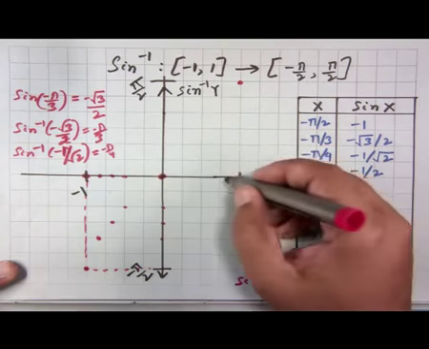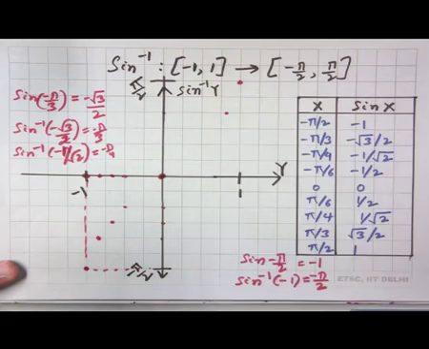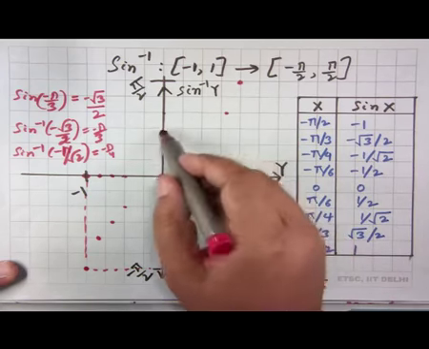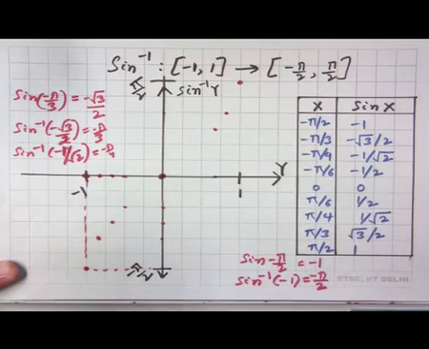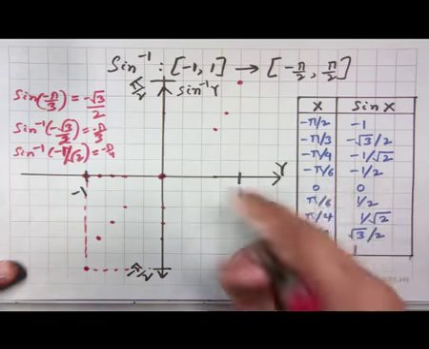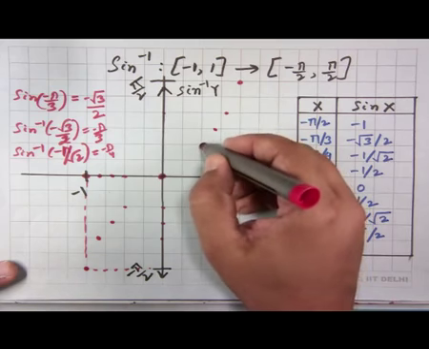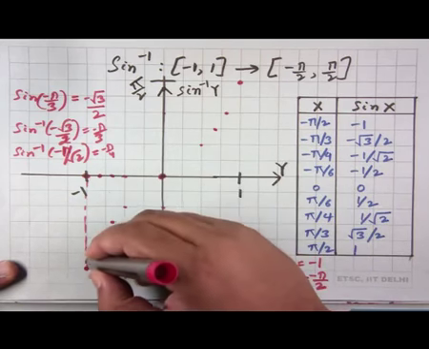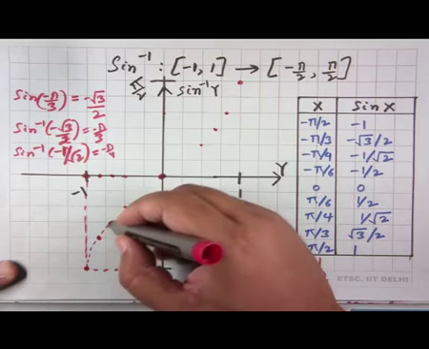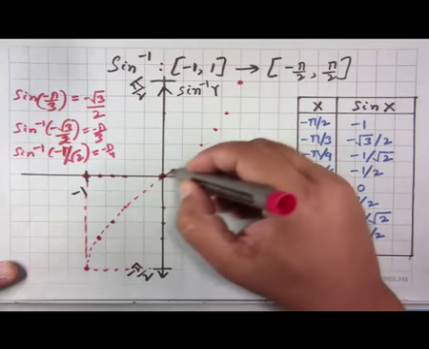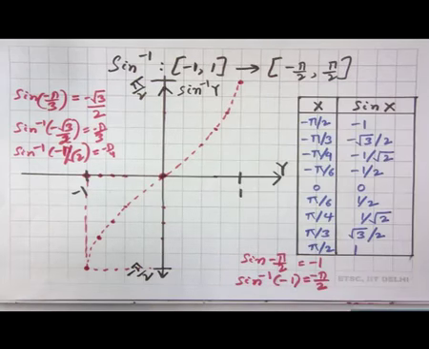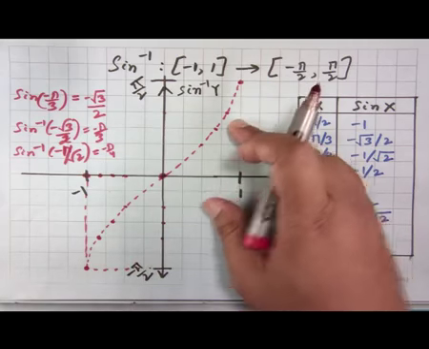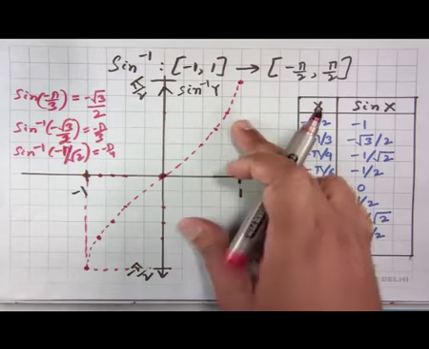So, this and then this will get us this point, and similarly for pi over 4 we are going to get this point here, and then for pi over 6 we have this point here. So, if we join all these dots, we get the graph. This dotted red curve is the graph for sine inverse of y.